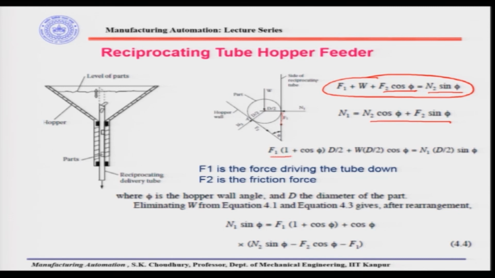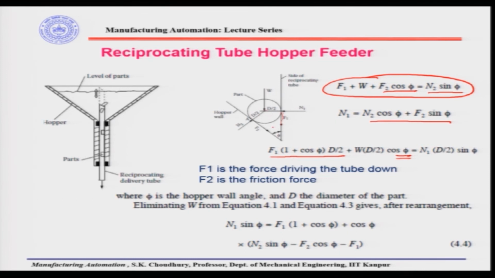So, that is what we are writing here, F1 d by 2, plus F1 d by 2 and the cos of the phi, because it is inclined. Plus W will be vertical, so it will be W into d by 2 and cos phi.